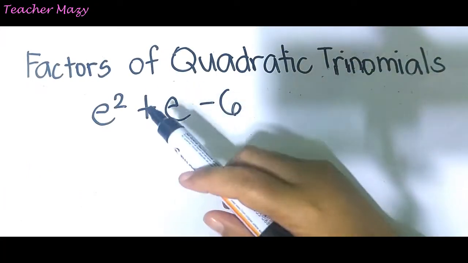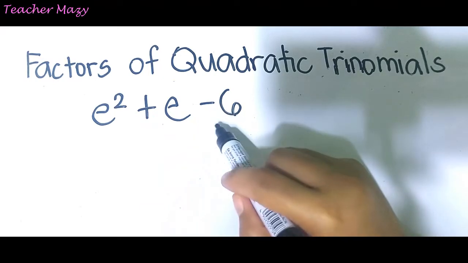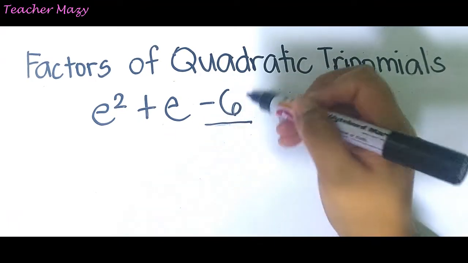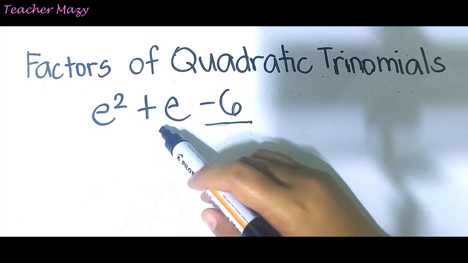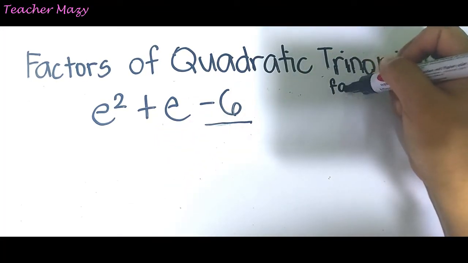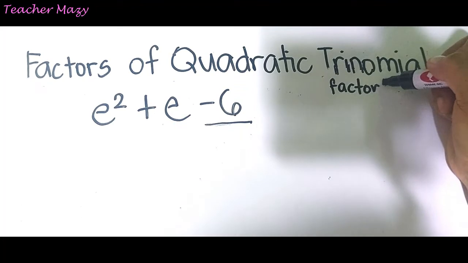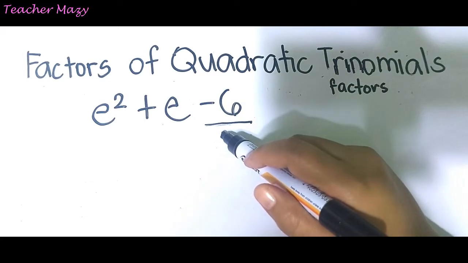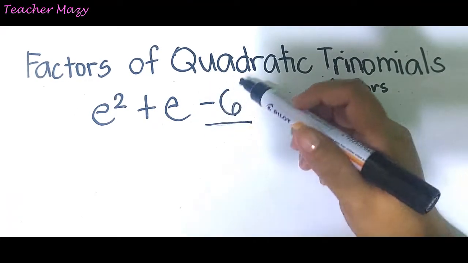Let's have another example. We have e squared plus e minus 6. Again, step 1: find 2 factors of our last term that, if we add them, equal the numerical coefficient of our middle term. Let's create a list for the factors of negative 6 first. Since this is negative, the factors we will use are one positive and one negative, to get the negative product.